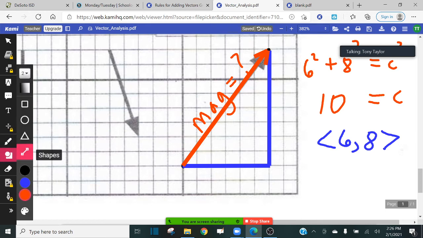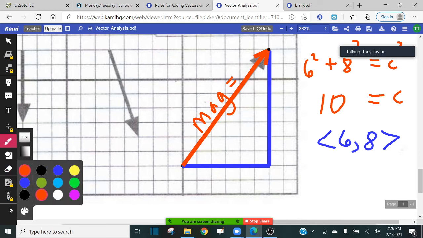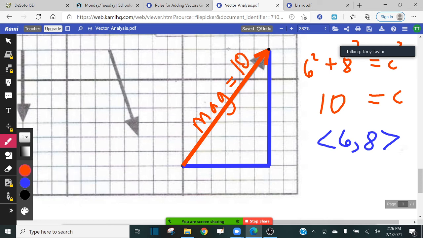So that tells me that this vector has a length of 10 units. So the distance from here to here is 10 units. So that's how I find the magnitude of a vector. Okay.